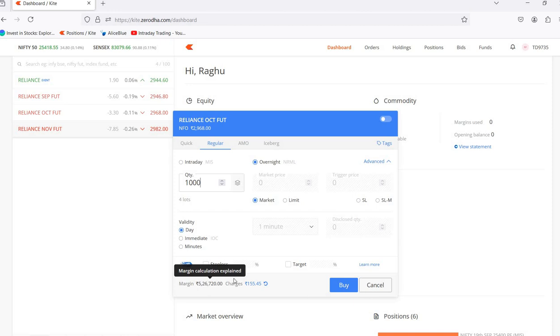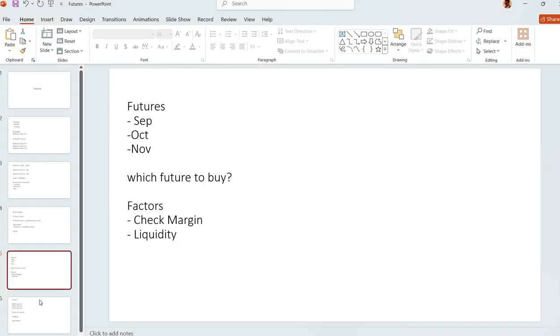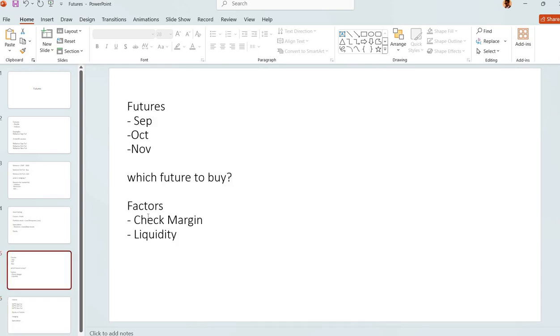In futures, which contract is better? We have 3 options here: September, October and November FUT. So which future contract do we need to select? For that we need to see two factors. The first one is margin and the second one is liquidity.